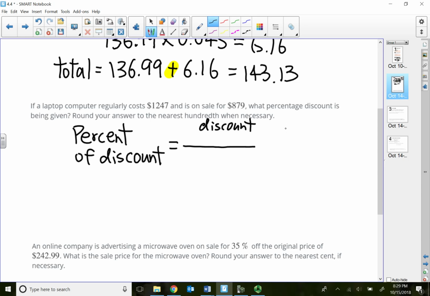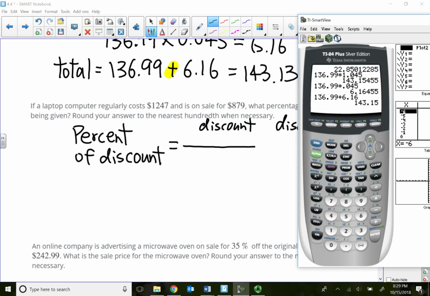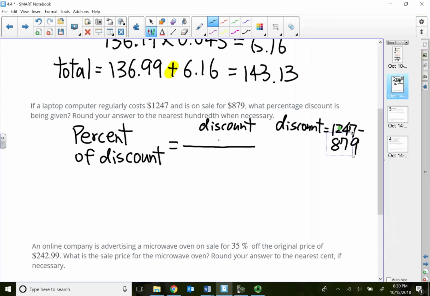So my actual discount is $1,247 minus $879, so my actual discount is $368.